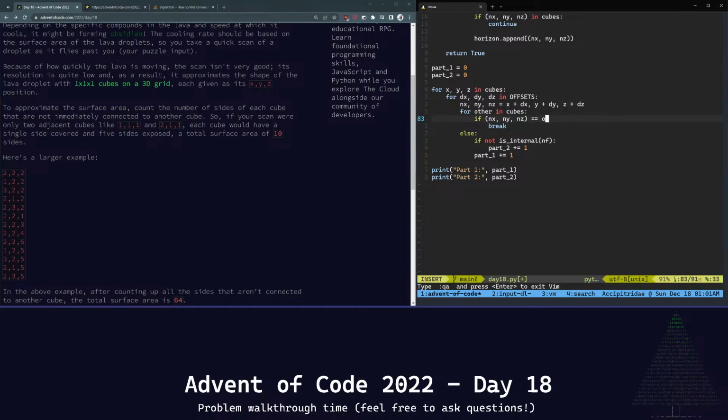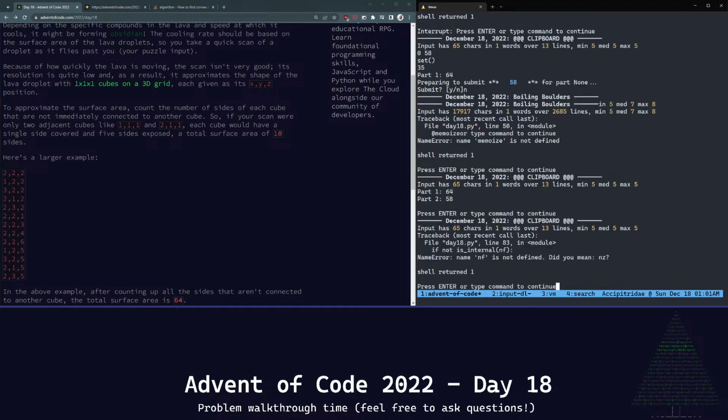If it's equal to, so we have to look through all the other cubes actually. Wait. Oh, we don't even need to do this. This is just really inefficient. All we really have to do here is just say, we have to make sure the cube doesn't exist, right? So if nx, ny, and nz not in cubes, then we continue on with the check.